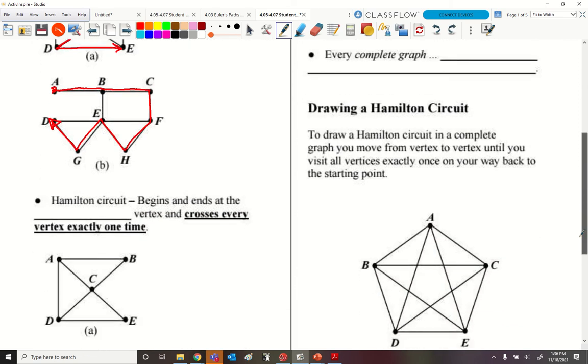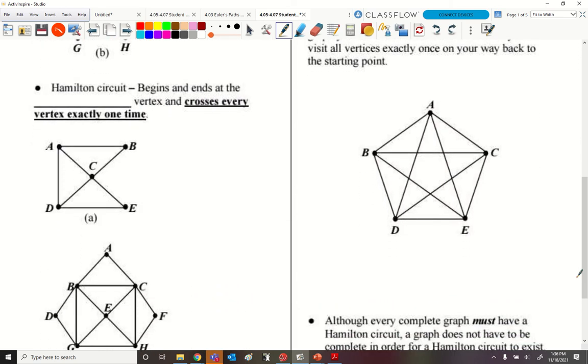The Hamilton circuit begins and ends at the same vertex. So this goes back to delivering pizza. After you go on a run delivering pizzas, what do you have to do? You have to go back to pick up more pizza.